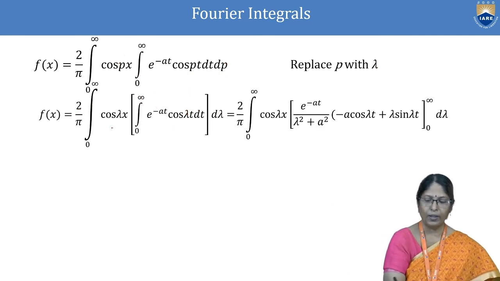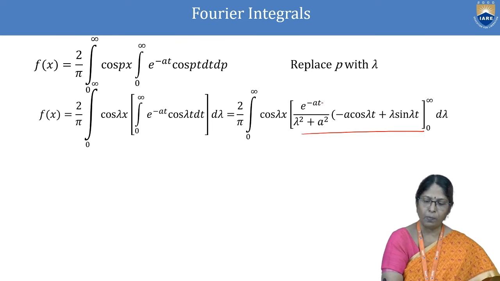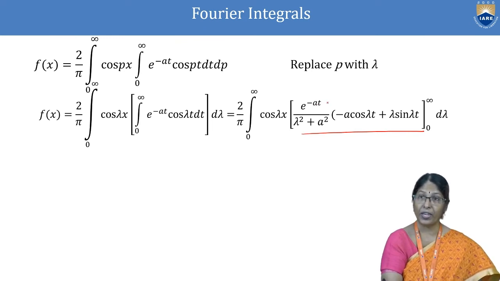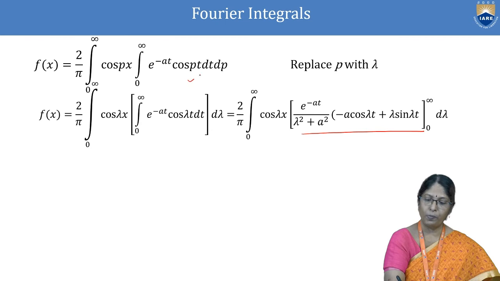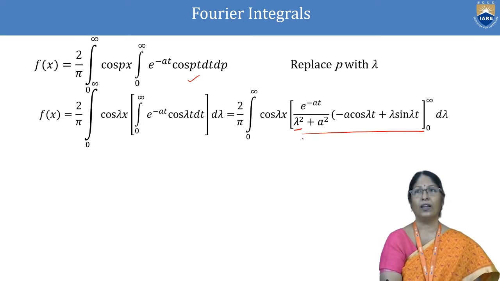So 2 by pi, we substituted in this place. That is e power minus a, not x. Our problem is with respect to t. We are doing the integration with respect to t. That is the reason: e power ax, our a is minus a, divided by a square plus b square according to the formula, but our problem b is lambda.